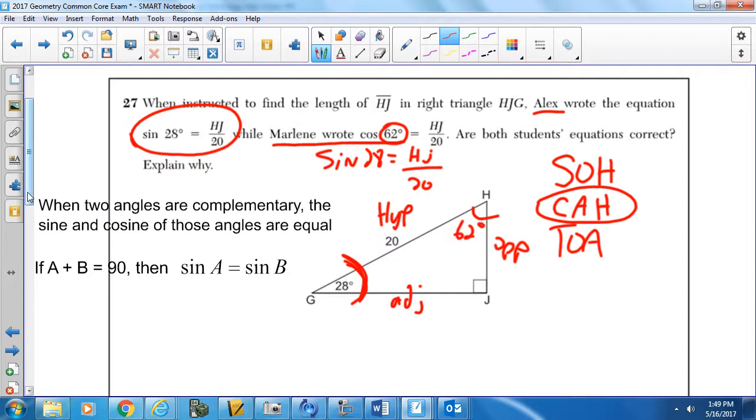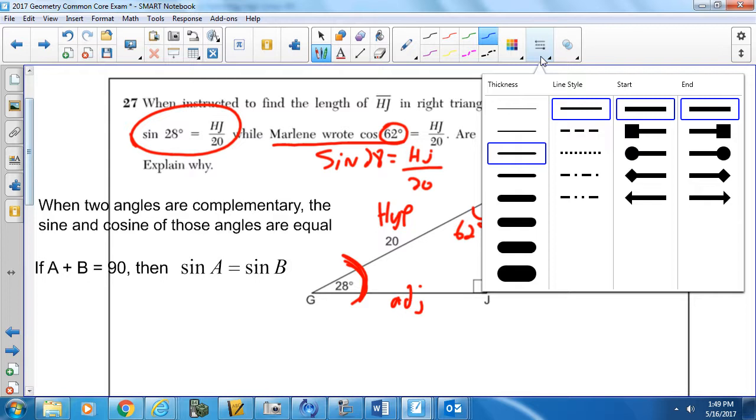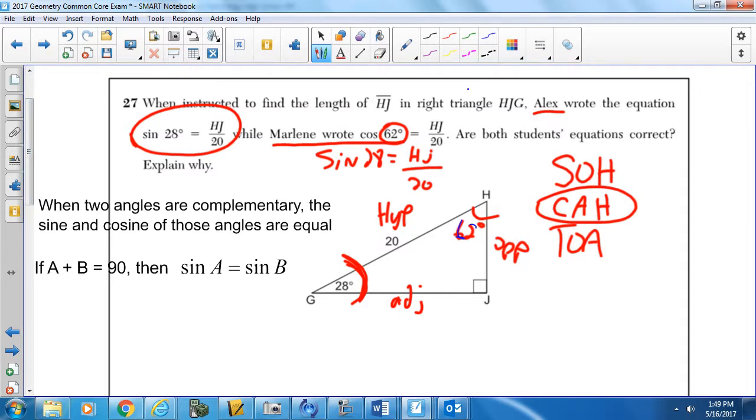Now, if you're looking at this angle, this actually would change the sides. So this would be my opposite based on the 62-degree angle, and this would be my adjacent. And the cosine of 62 would be the adjacent, which is HJ, over 20.